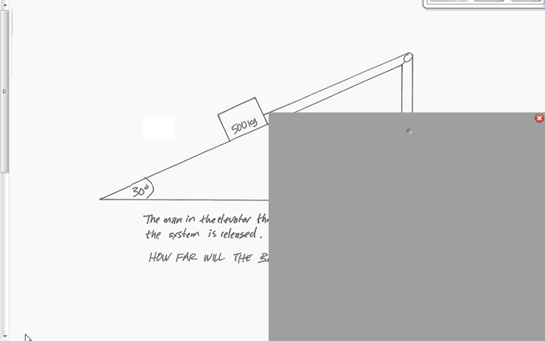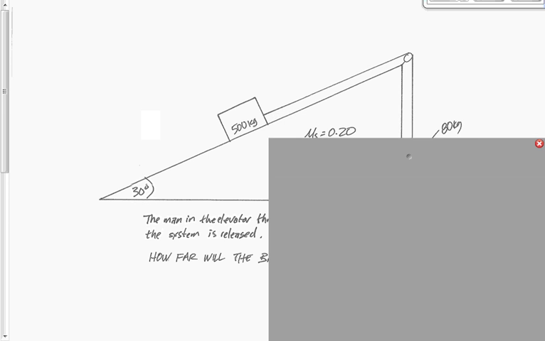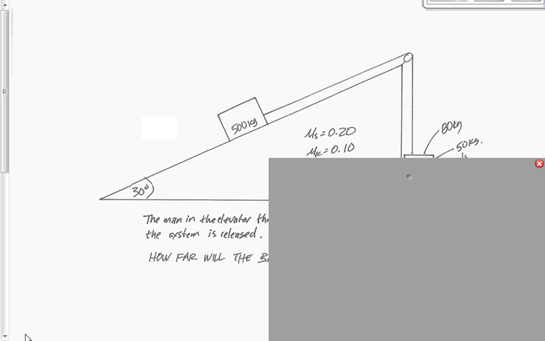Got a pulley up here, though. That makes things a little bit more confusing, but you can deal with that. Oh, we got a coefficient of static friction of 0.2 and a coefficient of kinetic friction of 0.1. So we got to decide whether it moves to determine which coefficient of friction we need to use. And then once we decide whether it moves, we got to do something else with it.